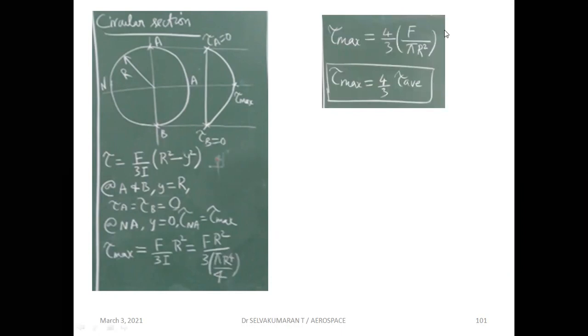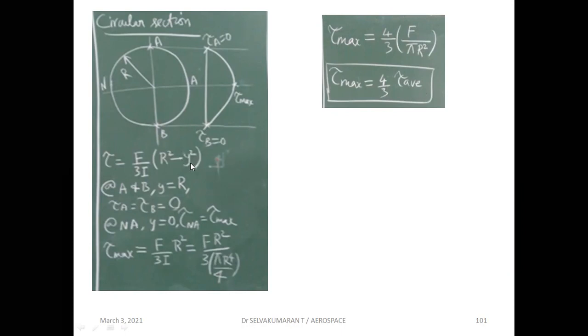We get 4 by 3 F by pi r square, where pi r square is the cross-sectional area of a circular section. F by pi r square is the average shear stress for a circular section. So the maximum shear stress is 4 by 3 times the average shear stress for a circular section.